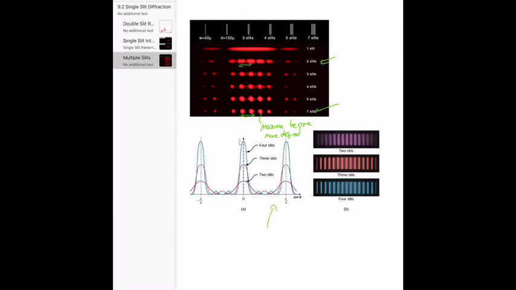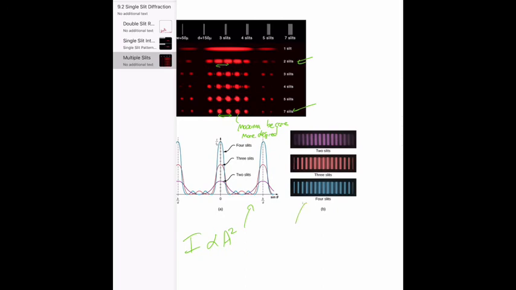If we take a little look, as we increase the number of slits, the height of that bright fringe intensity goes up. So we get a much, much brighter bright bit. And again, if we remember, intensity is proportional to amplitude squared. If we've got 4 slits with constructive superposition, that means we'll have 4 times the amplitude when we've got constructive superposition.